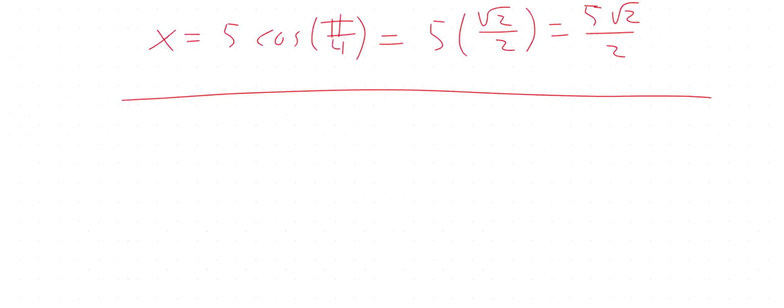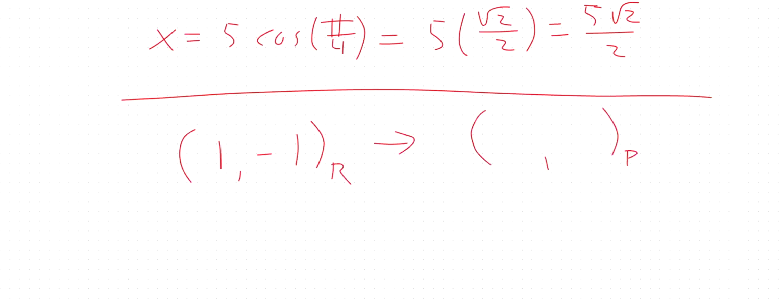Next up, let's go the other way. Let's say we have the point of 1, -1, and that's rectangular. Let's write that in our polar coordinates. So now our r is the square root of x squared plus y squared.